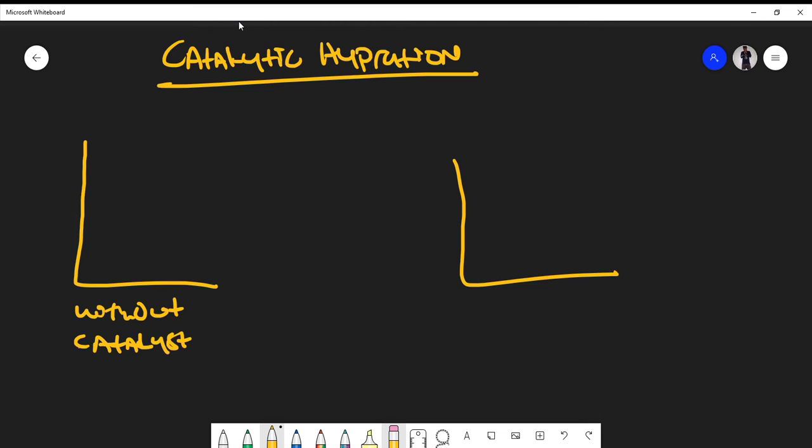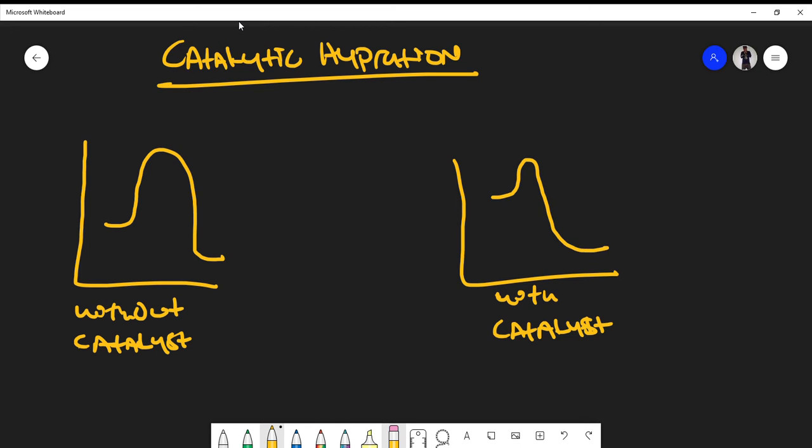So the graph on the left is without a catalyst, and the graph on the right is with a catalyst. The idea here is that with the catalyst, you can see that the energy barrier, or the hill that we have to climb, is less steep than that without it. So this is why a catalyst may be important.